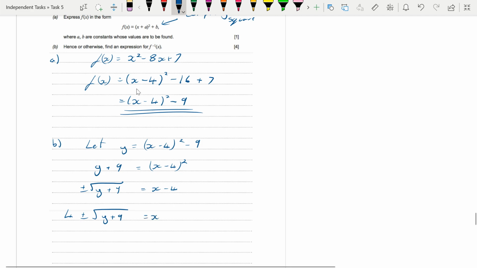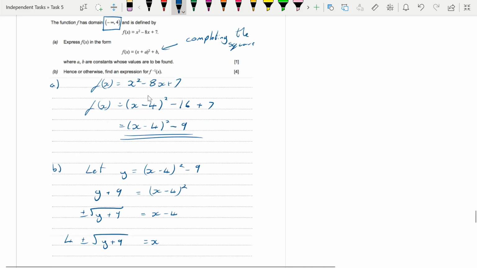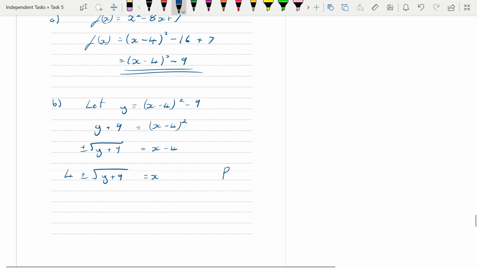So now I need to decide which one I'm going to use. Am I going to use plus or minus? Because this isn't a one-to-one function at the moment. So the domain of f is minus infinity to 4. That means the range of my inverse should be the same. So out of this function, I need to get 4 and less. I need to make my number smaller, which means I'm going to take the negative from here.